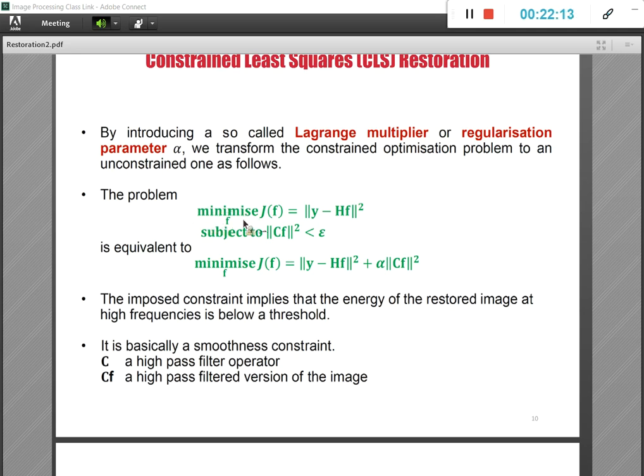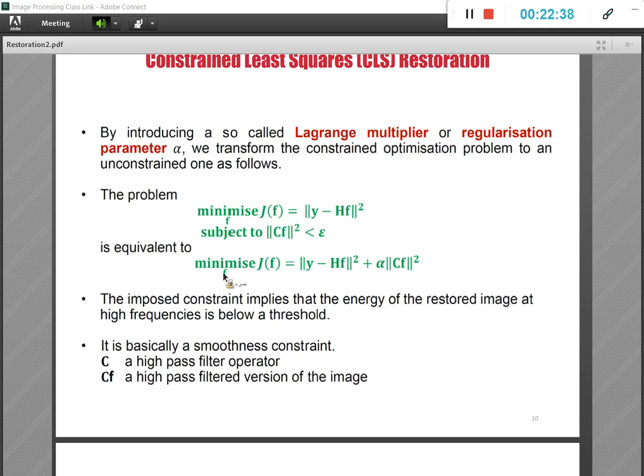Minimizing J, or minimizing the norm of Y minus HF, subject to the norm of CF being smaller than epsilon, some parameter.